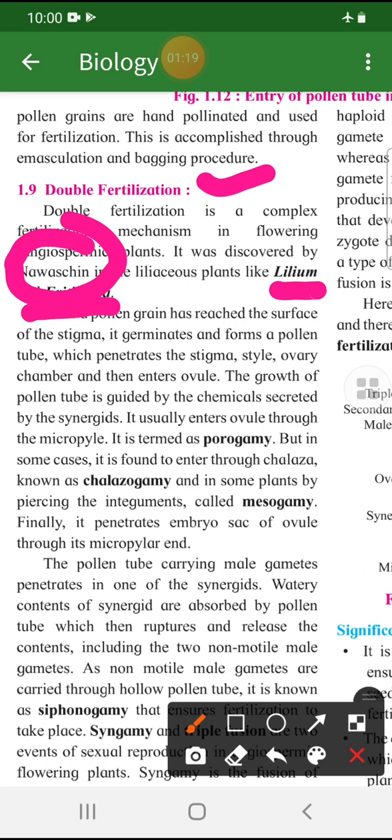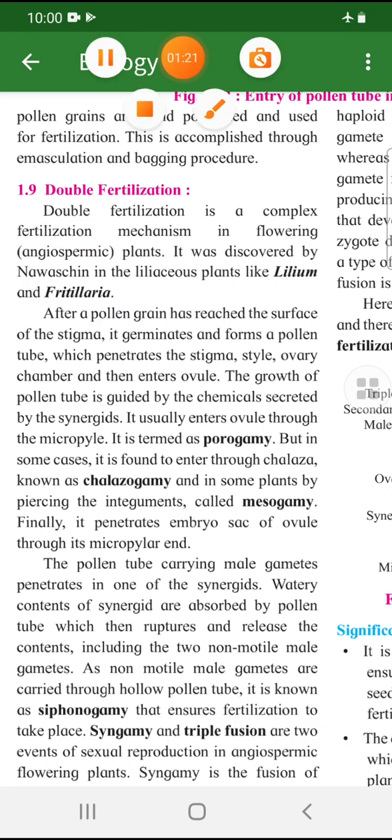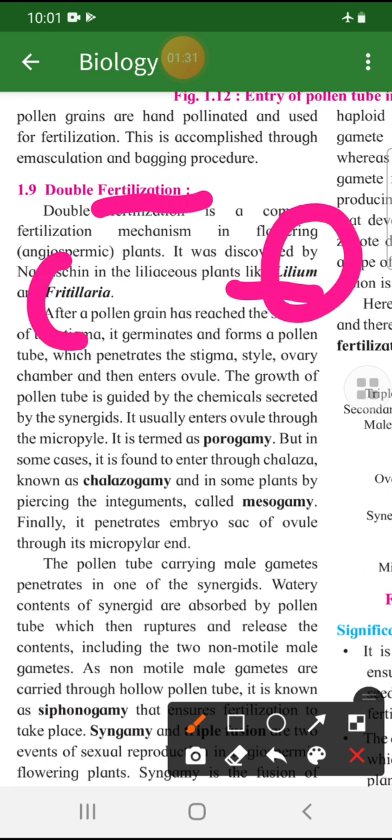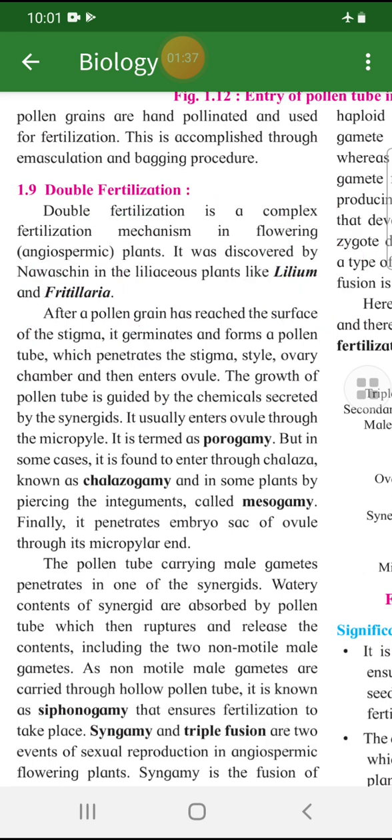They'll ask you who discovered double fertilization and in which species. In the Liliaceae family they can give you lilium and some other example, so you should not get confused. It should be lilium and fritillaria, discovered by Navashin, a Russian biologist.